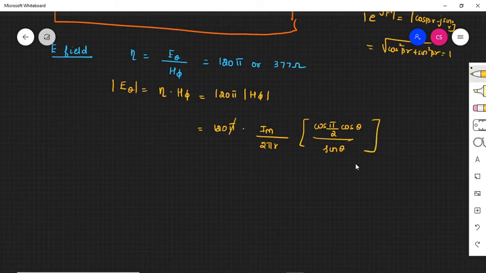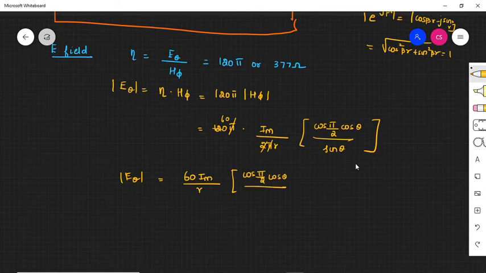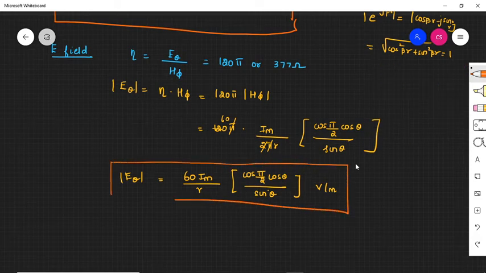So we can cancel out this pi and pi, 2 into 60. So the magnitude of electric field E theta is 60 Im divided by r cos of pi by 2 cos theta divided by sin theta, and the unit is volt per meter for electric field. So this is the value of the electric field intensity that we have found using the magnetic field intensity.